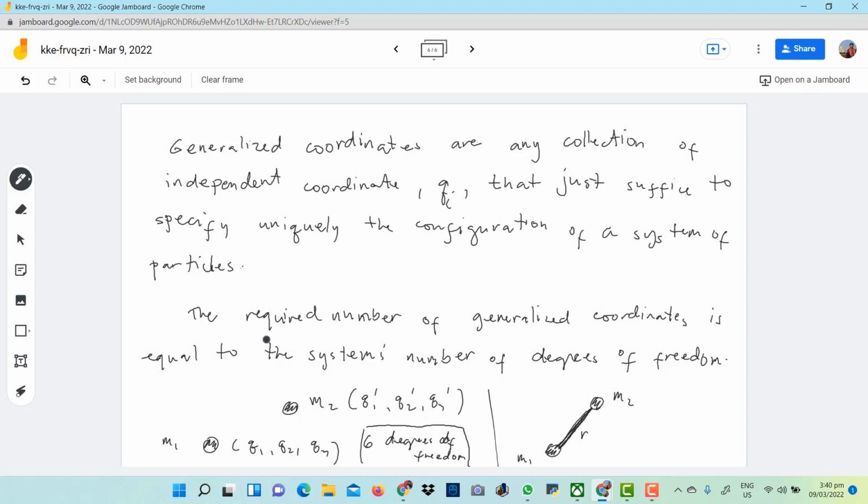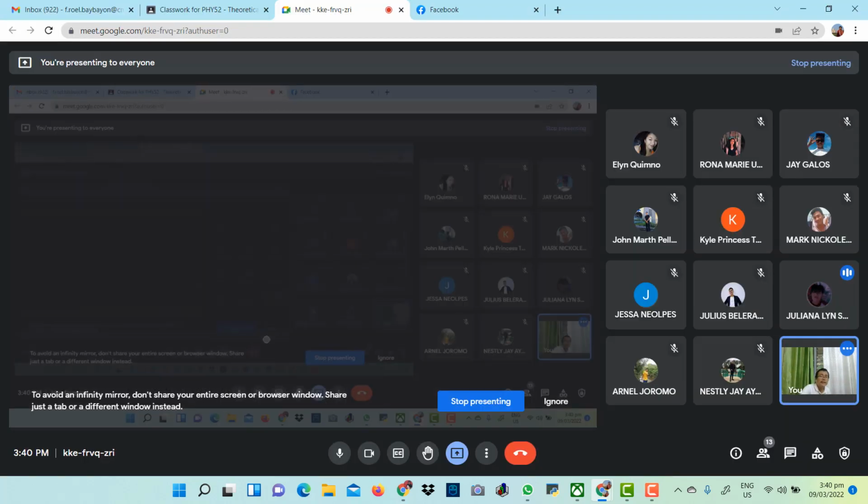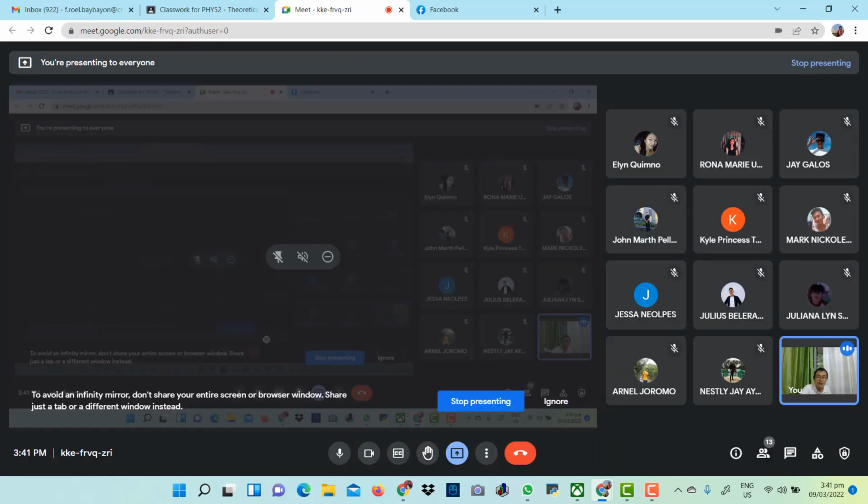For this next example, how many degrees of freedom are there? 5, sir. 5 only, because r is constrained. Right, Juliana is correct, thank you Juliana.